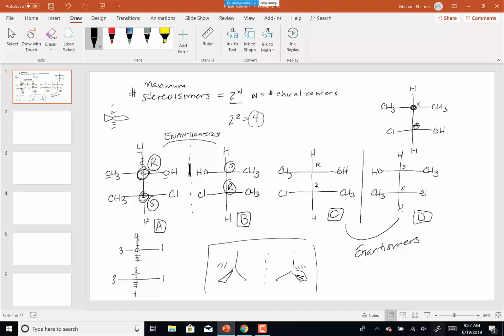For stereoisomers. I could ask that question, but that wasn't the question I had in mind. Eleanor, you kind of got at it. When we first drew C, what did you say?